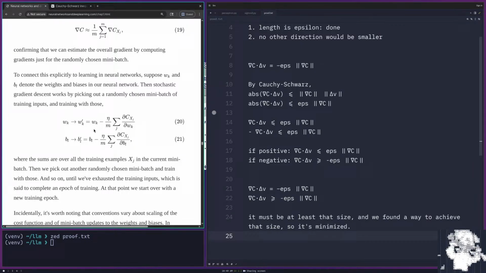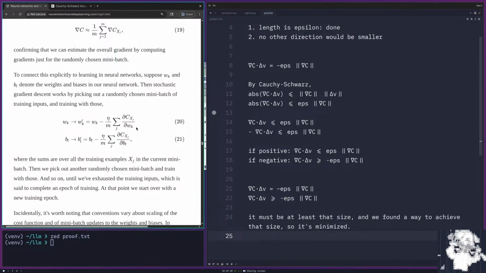Then Bl goes to B prime l, which is equal to Bl minus eta over m times the sum over j of the gradient of the cost of Xj with respect to Bl.